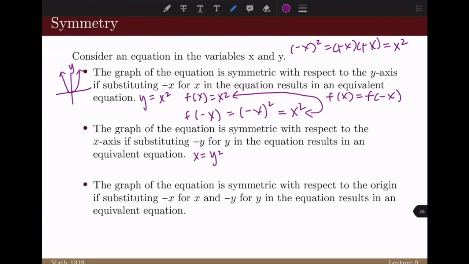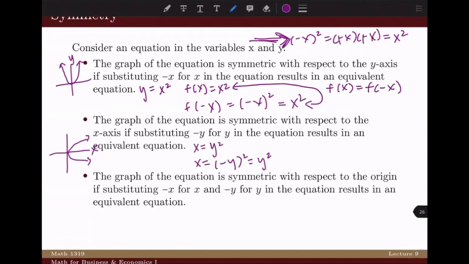So if we substitute in negative y, we will get x equals negative y squared, which is y squared using the same rule that we used up here, right? Also, the graph of x equals y squared looks like this, where this is the x-axis.